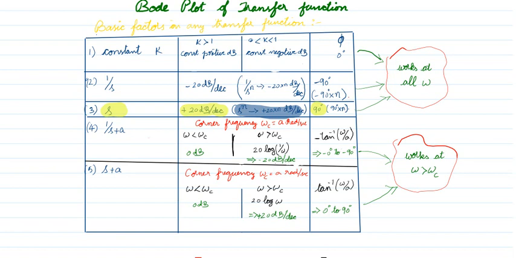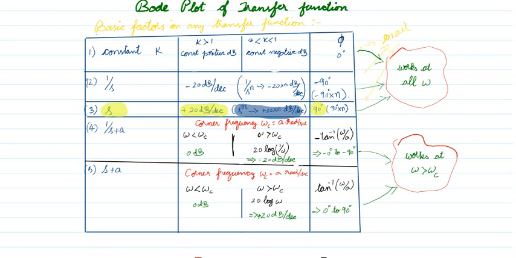Right? Now, we have to see where we have used those Bode approximations. If you look at the three terms, the constant k, s and 1 by s, these are all going to work at all omega. They are the exact response. All these three are exact.